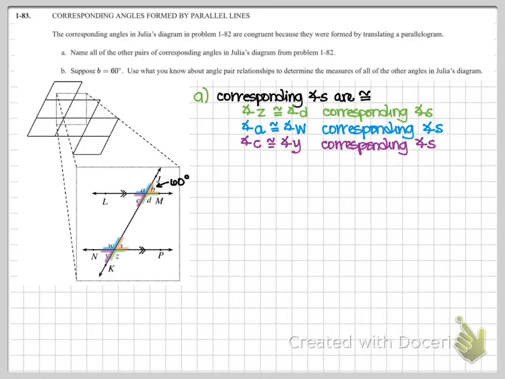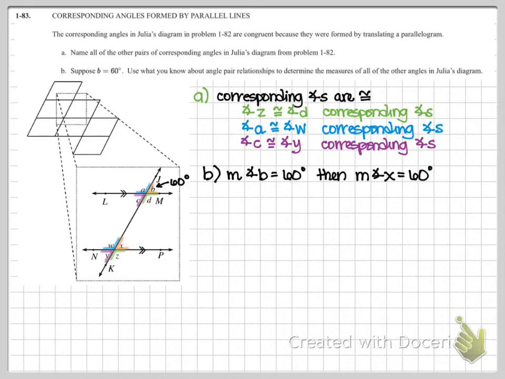Use what we know about angle pair relationships to determine the measures of all of the other angles in Julia's diagram. Okay, well, the first thing I think I'm going to do is I already know how big angle B is in relation to angle X. So if I know that the measure of angle B is equal to 60 degrees, then the measure of angle X is also equal to 60 degrees.